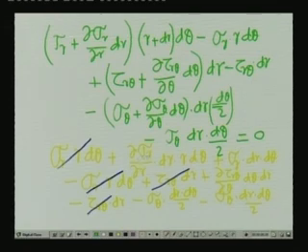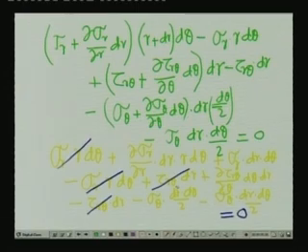So, we have del sigma r by del r dr r d theta, sigma r dr d theta, del tau r theta by del theta dr d theta, and minus sigma theta, if we combine them together, this is sigma theta dr d theta, and this is equal to 0 for the equilibrium of the forces in the radial direction.